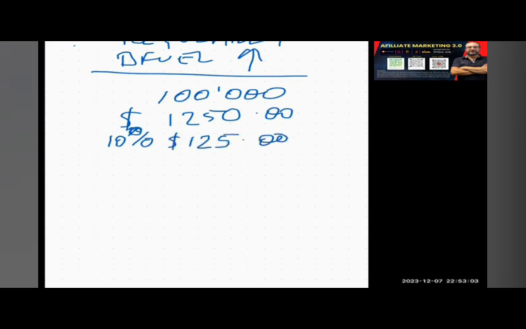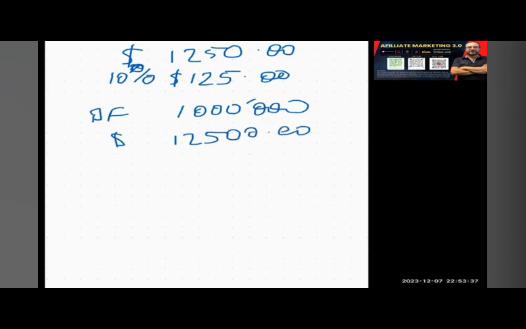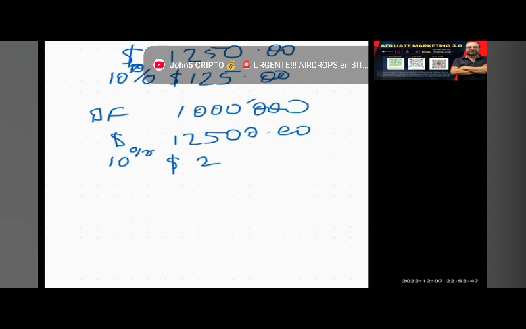But let's say you forget to harvest for, I don't know, a week, for example. Now, suddenly, if your B fuel goes up to $1 million, the dollar amount of that is 12,500. And if you plan to harvest 10% of that, you now need to find 1,250.